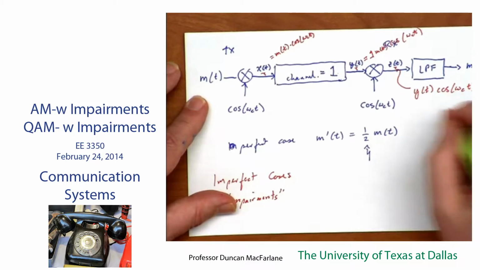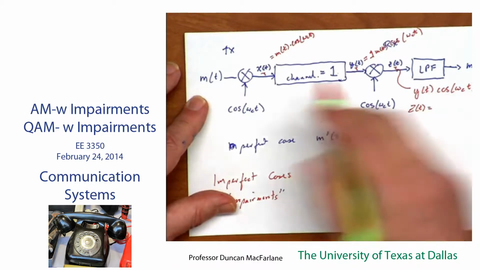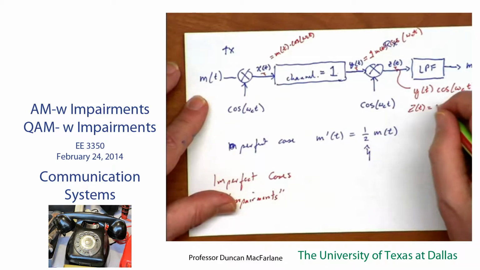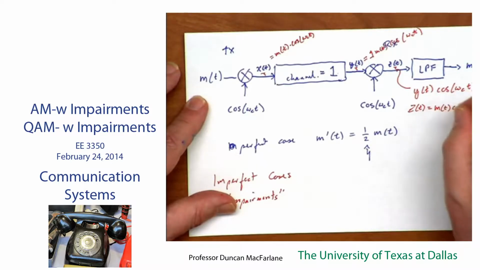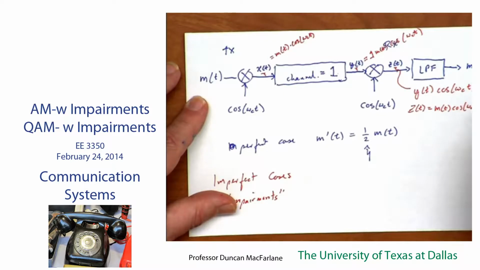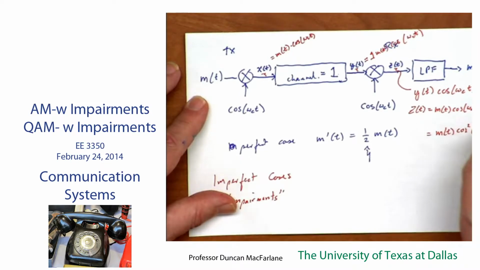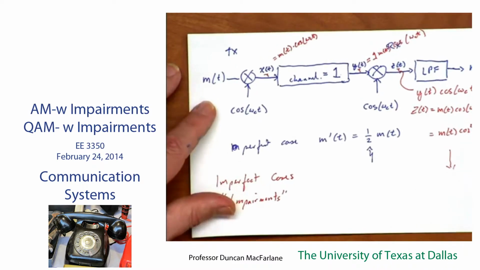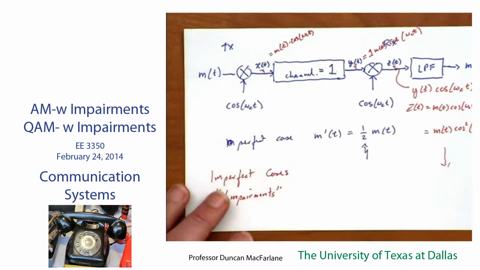And if I go even further, z of t will equal 1, which I'll leave off, m of t cosine of omega ct cosine of omega ct. If I want to simplify some math, m of t cosine squared of omega ct. So that's the art of walking my signal through the system.